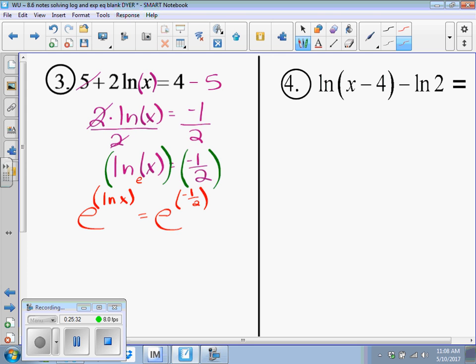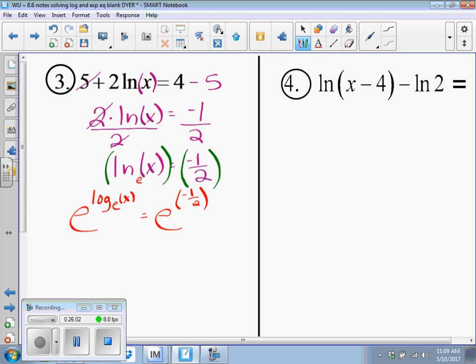Now, since this was base e, ln, log base e cancels. Okay, you can change that to log base e if you want. Let me just show you so no one gets confused. This is the same thing as e to the log base e of x. ln of x is log base e.